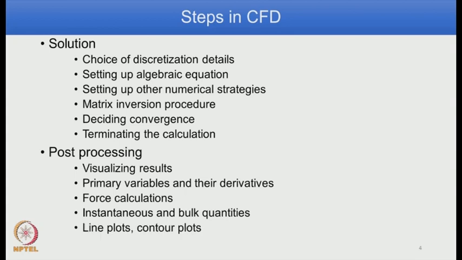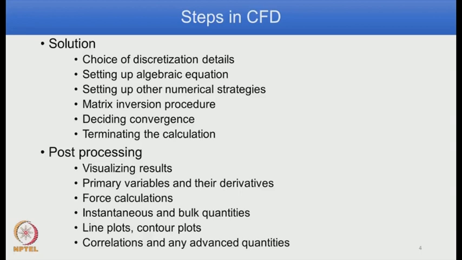You can represent the results either in line plots or contour plots or superimpose one plot over the other. Post processing, initially we do in simple form. You can also go to the advanced stage, like find out the correlation or where is the minimum, where is the maximum, etc. So, these are all stages in post processing.